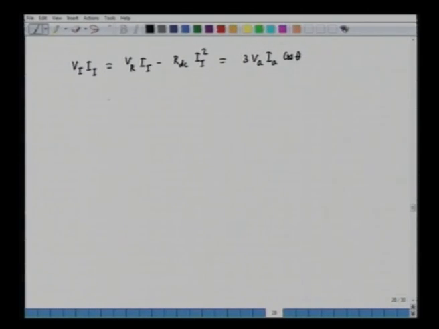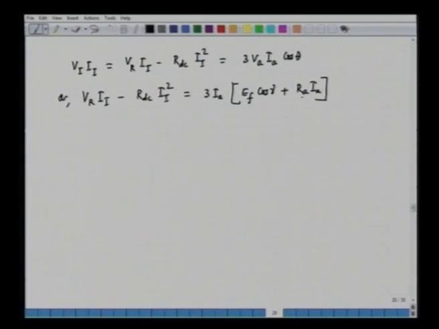We can replace that as VR II minus RDC II squared equal to 3 IA times VA cos theta, which is EF cos gamma plus RA IA.